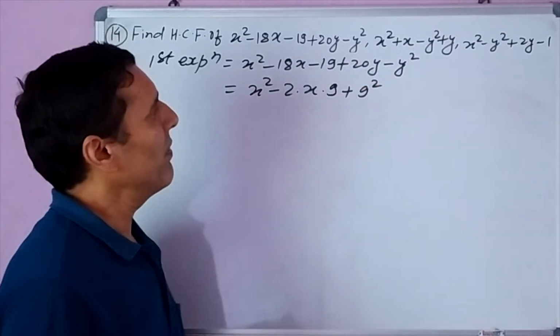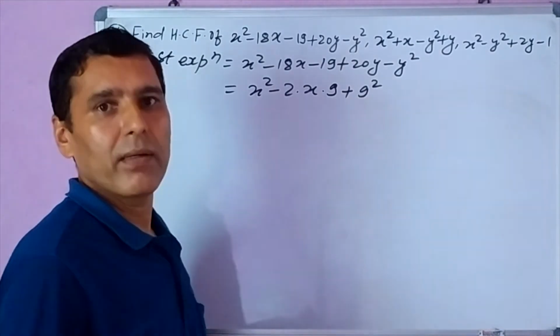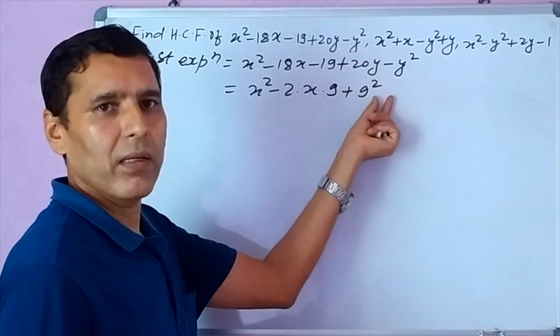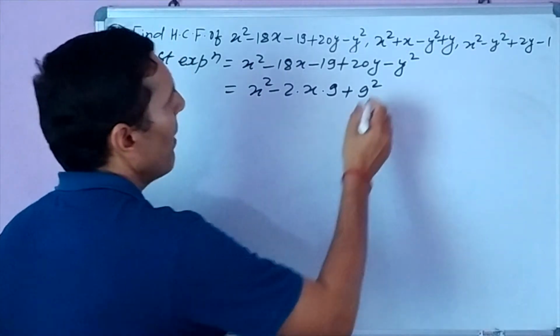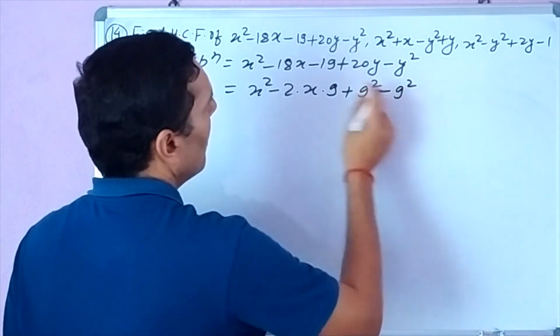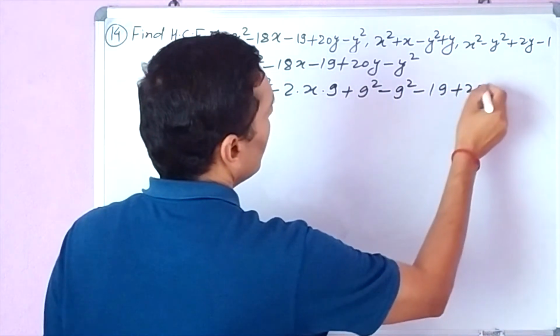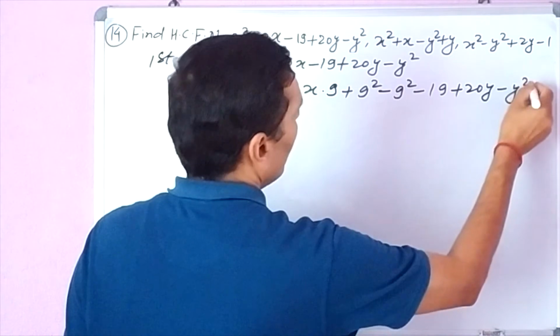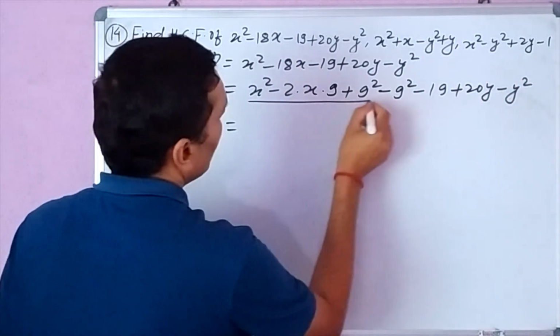What I told you before, whatever term we have made as b square, immediately it should be subtracted to balance. So minus 9 square. You write the other terms as they are, minus 19 plus 20y minus y square. Now look here, a square minus 2ab plus b square.